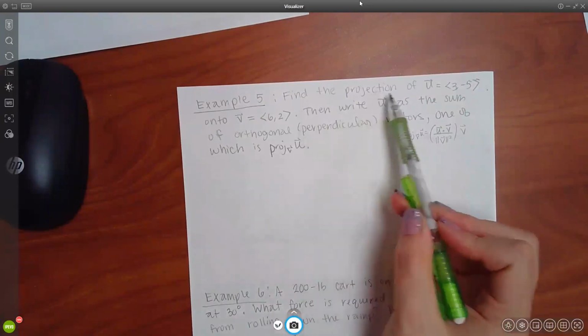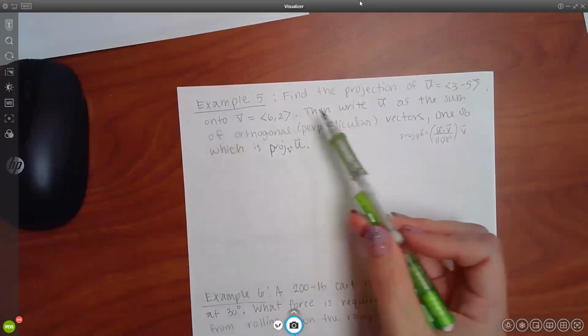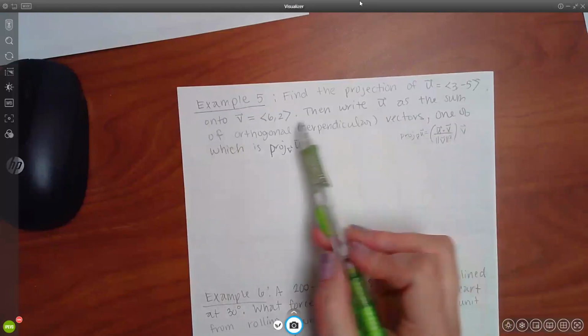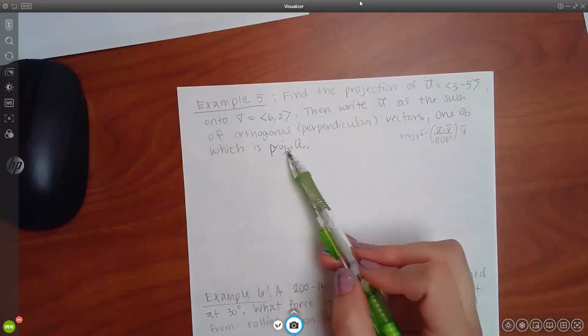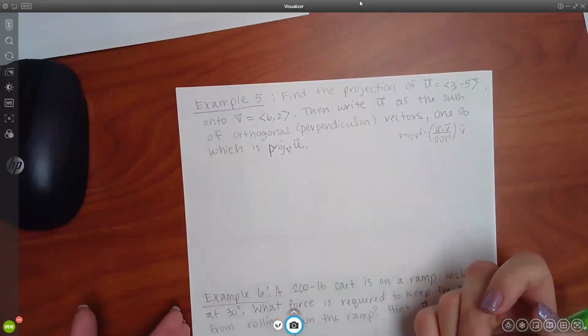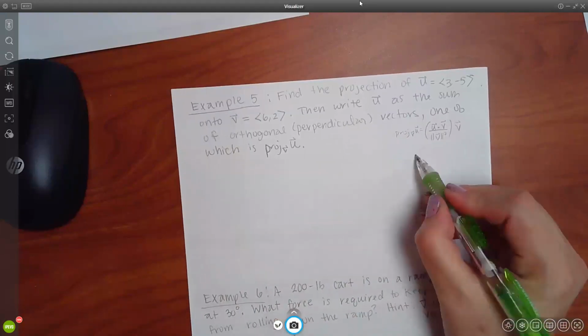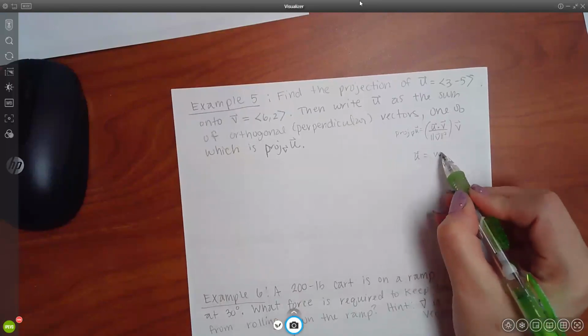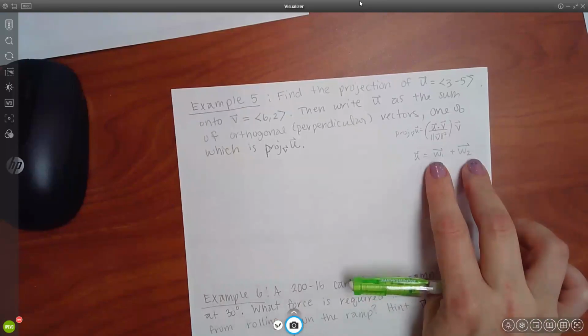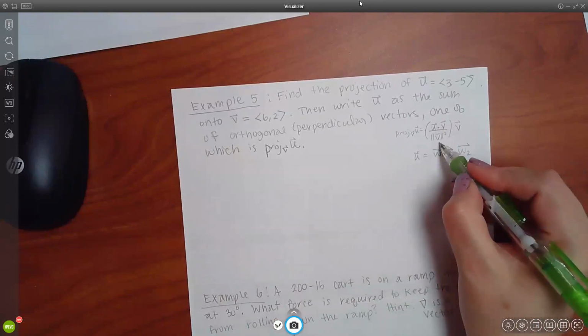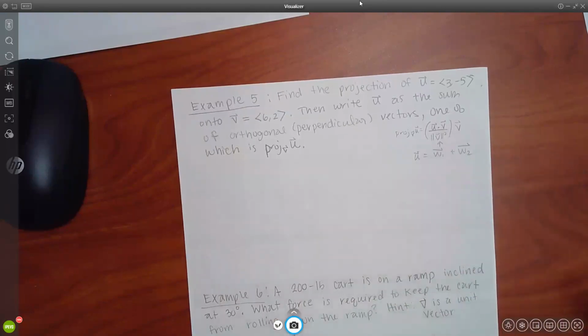So it says find the projection of U onto V, then write U as the sum of orthogonal, perpendicular vectors, one of which is the projection of U. So essentially they're asking me to write U as W1 plus W2. They want to know these two components. W1 can be found by that formula, and if you want to find W2, all you have to do is use subtraction.